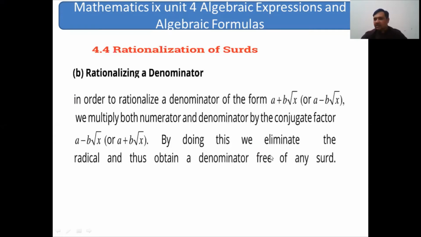By doing this, we eliminate the radical and thus obtain a denominator free of any surd. So rationalizing the denominator means we have a denominator free from any surd.